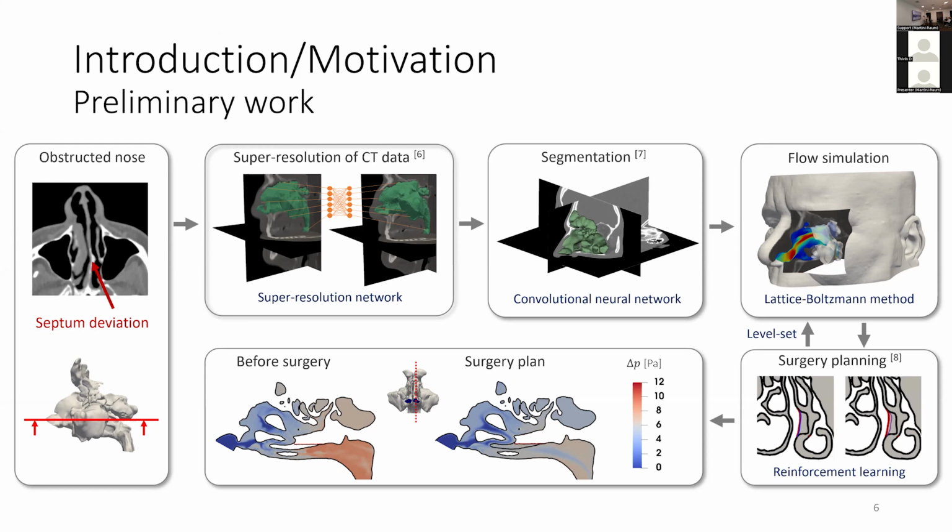We can see that the condition before the surgery had a pretty large pressure loss. And the surgery plan proposed by the AI tool reduces the pressure loss. This is just a brief summary.